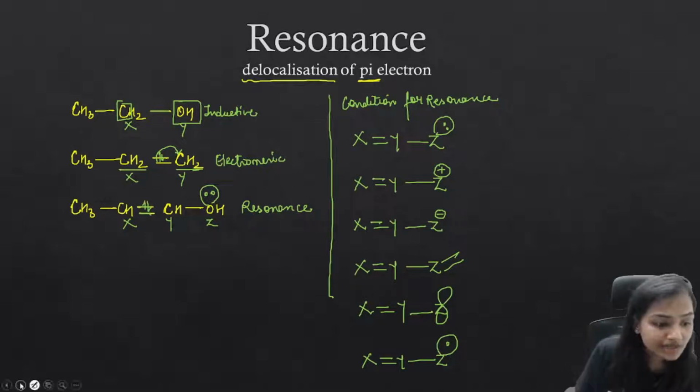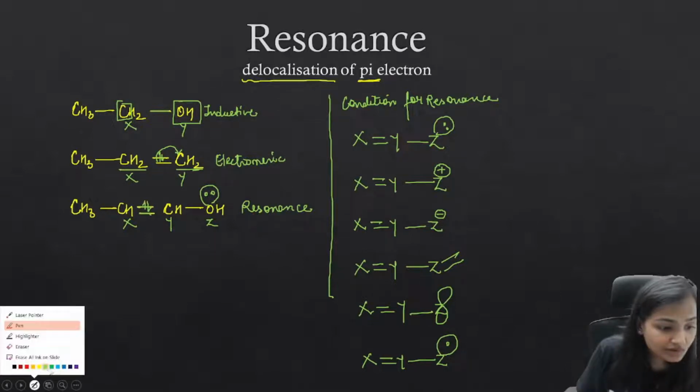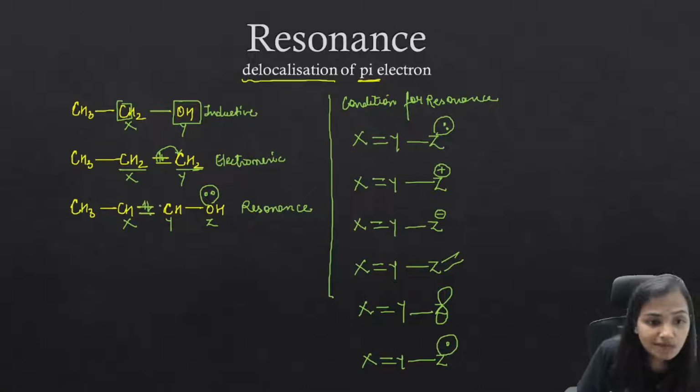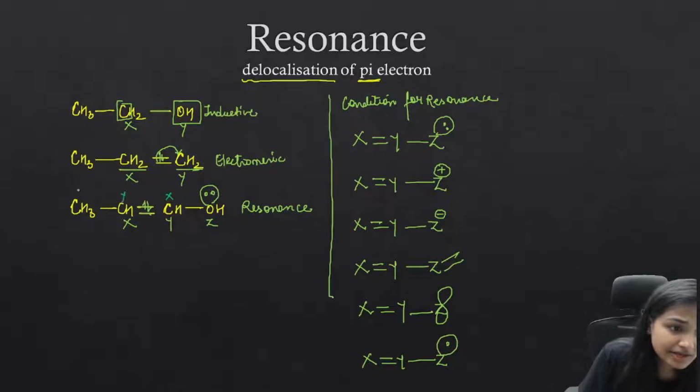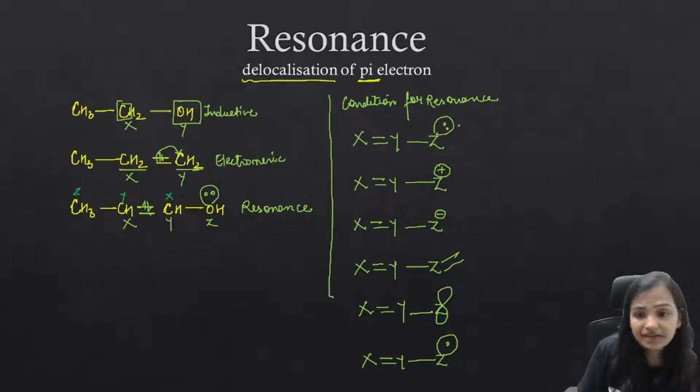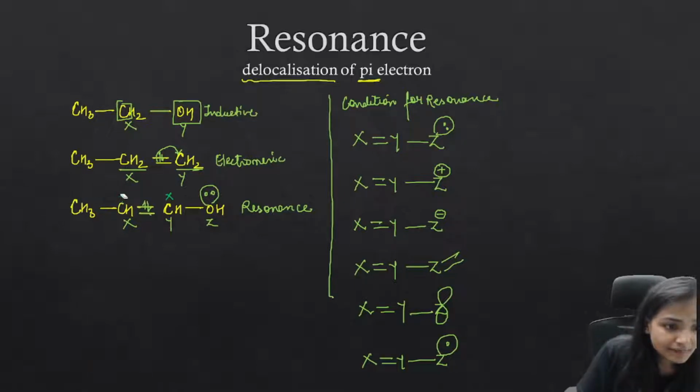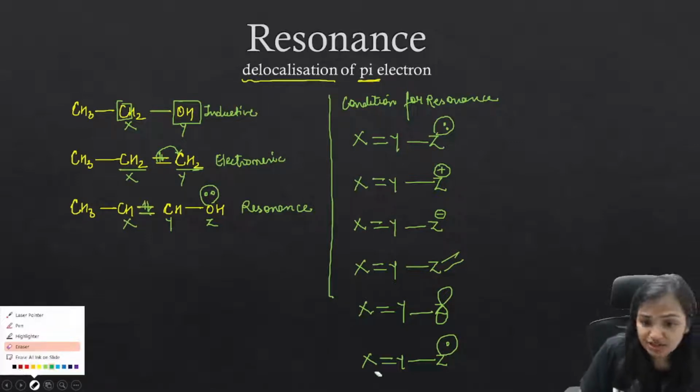So whenever you get a pi bond, and along with the pi bond, over the Z point, I could take X double bond Y, Z, but if over the Z I am not finding any such thing, there is no possibility of resonance. That's how I avoided that. I will try to find out a system like the one I have mentioned.